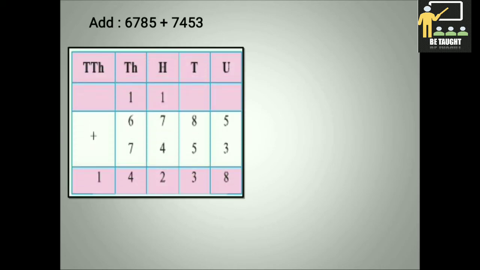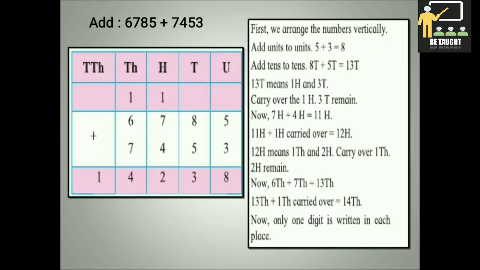Now we shall add 6785 plus 7453. Again we start from the units place. We'll arrange them first in the vertical arrangement. 5 plus 3 is equal to 8.